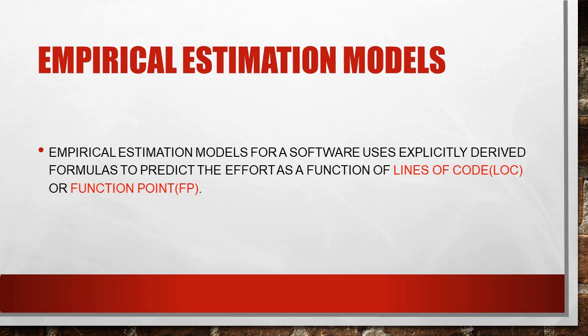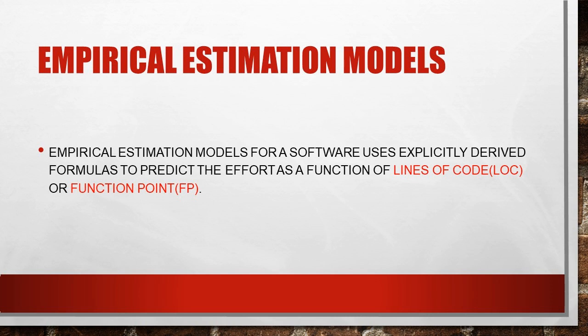Empirical estimation models for software use explicitly derived formulas to predict the effort as a function of lines of code, which we call LOC for short, or function point, the function point count, FP.